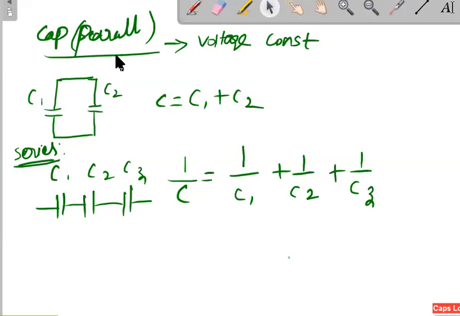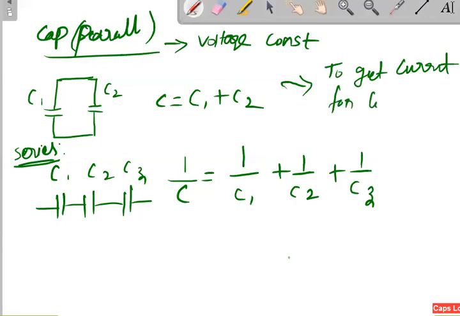If C1's charge is over, it can go from C2. If you have multiple capacitors with the same voltage, you can connect in parallel so that your time of operation can be increased. It gives current for a longer duration. So we go for capacitor parallel combination to get current for longer duration.